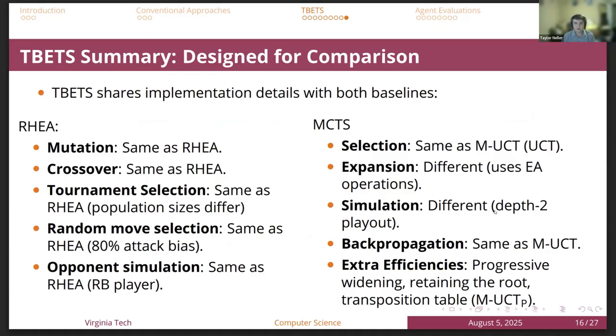And then in Monte Carlo tree search, we try to keep everything the same except for expansion, which uses the evolutionary algorithm operations, and simulation due to the changes in the tree structure that necessitate a different type of simulation. And so we try to keep T-bets the same as both of these in order to compare them more effectively.